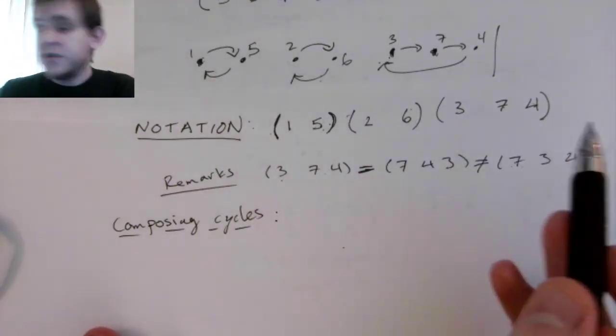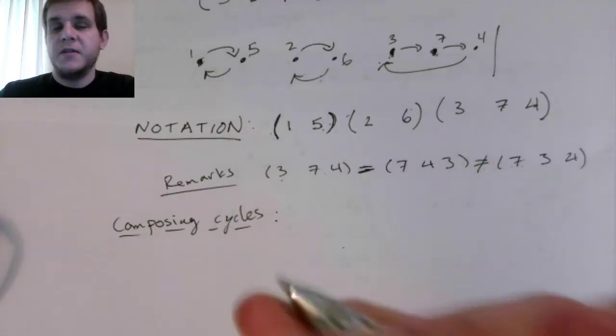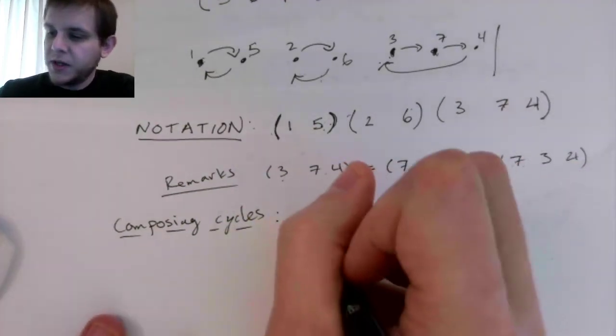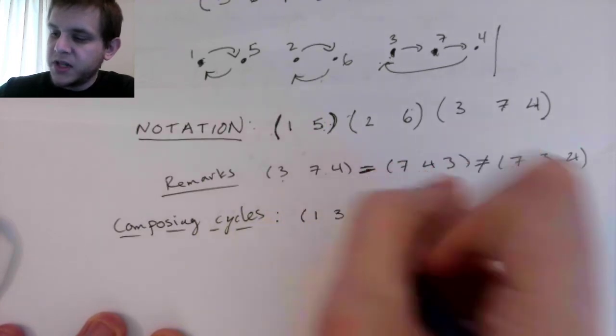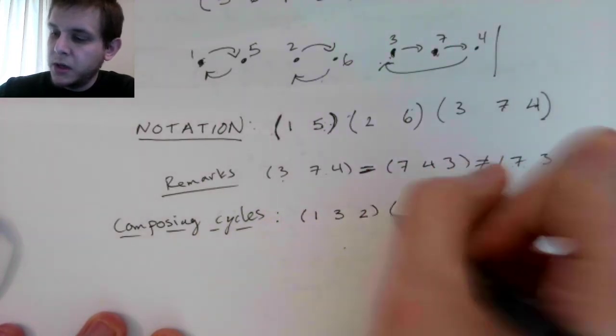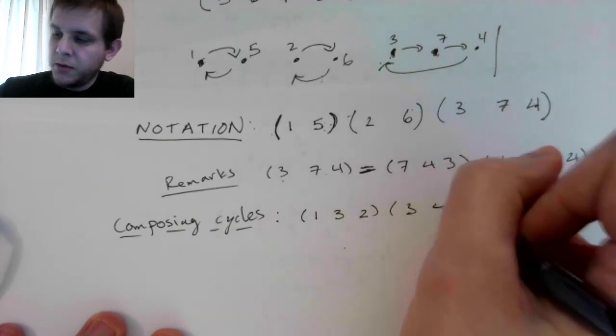So if the cycles are disjoint, then they commute. But if they're not disjoint, then it's sometimes not clear what the composition should be. So let's say that I wanted to compose the cycles (1, 3, 2) times (3, 4, 2).